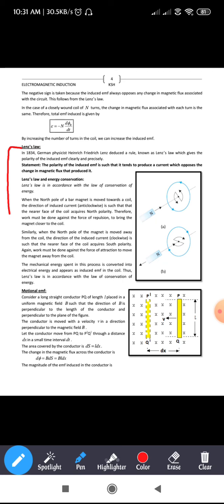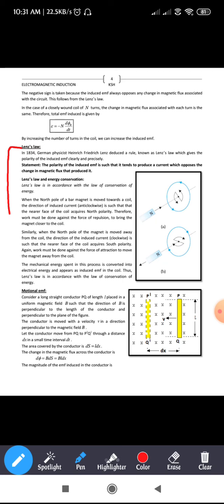We only made sure that whenever there is a change in magnetic flux linked with the coil, there will be an EMF induced. Now the German physicist gave the polarity of this induced EMF. Let us see the statement of Lenz's law.